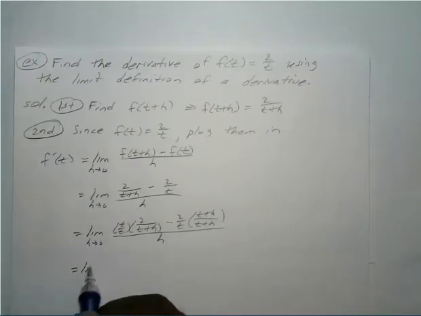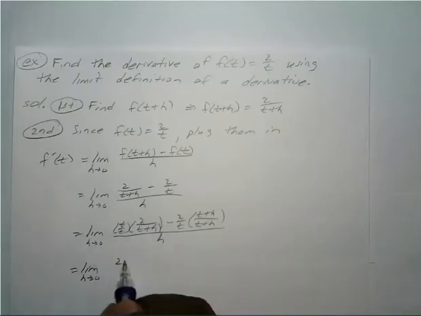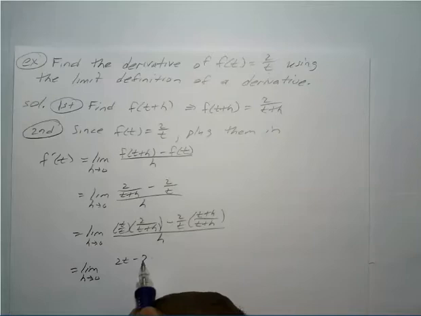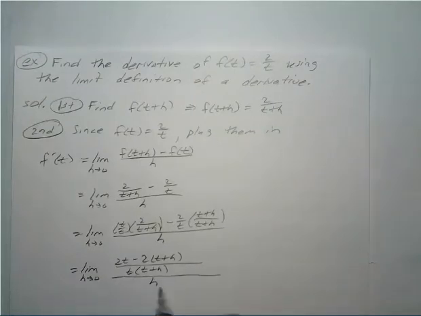Okay, so that's going to equal the limit as h approaches 0 of 2t minus 2 times (t plus h) all over t times (t plus h), all over h.